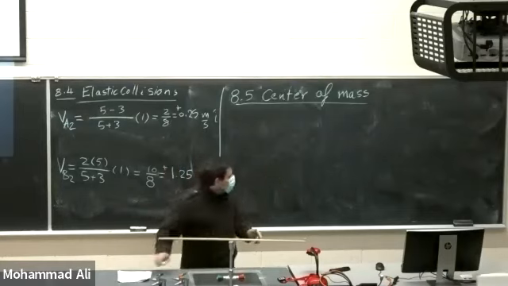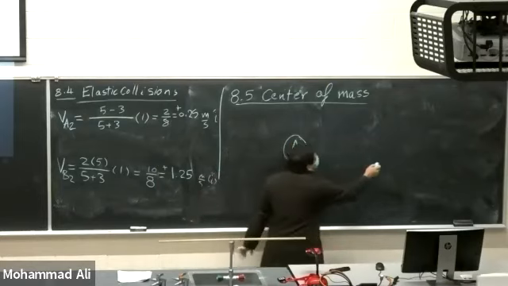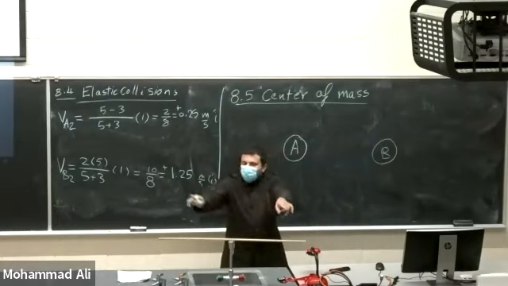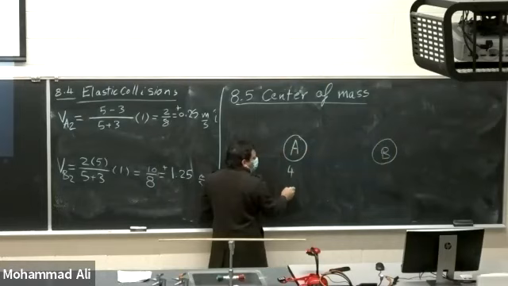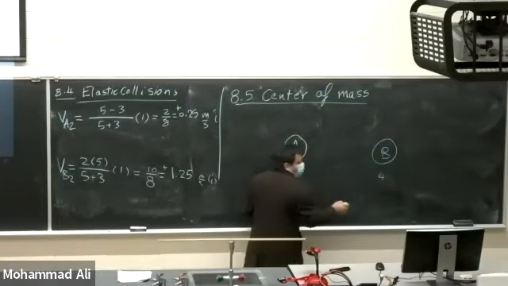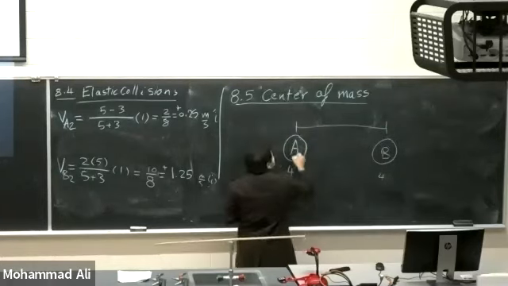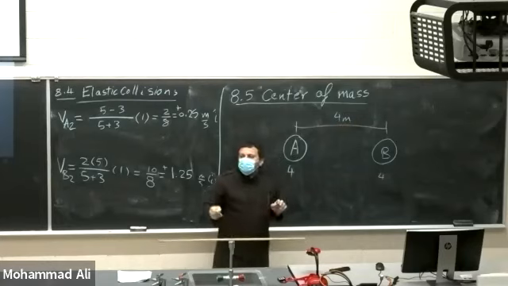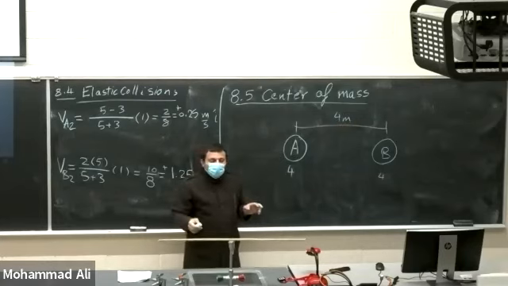For example, look at this simple example. We have object A and object B. They are separated, not just one mass. The mass of this is 4 kilograms, and the mass of this is 4 kilograms. They are the same, and the distance between their centers is 4 meters. You can tell me easily where the center of their masses is.